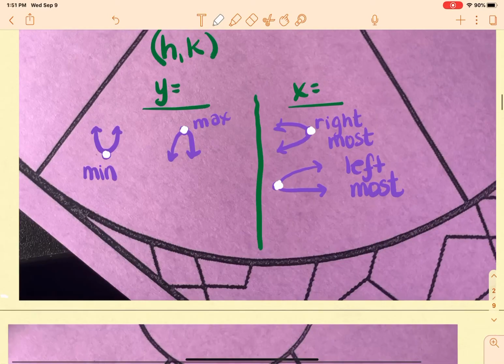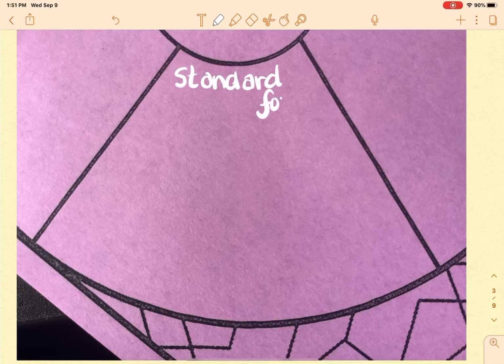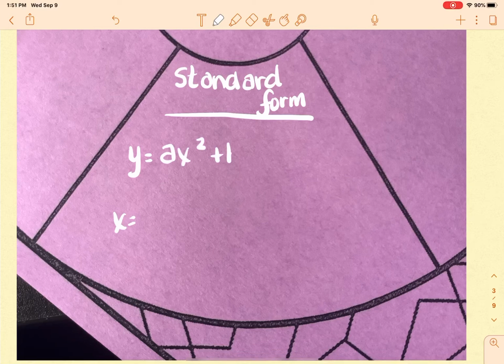So let's go next to our next spot. The next thing we're going to talk about is called standard form. With standard form, we have two options. It depends on if it's y equals, or it depends on if it's x equals. If it's y equals, my standard formula is going to look like that.